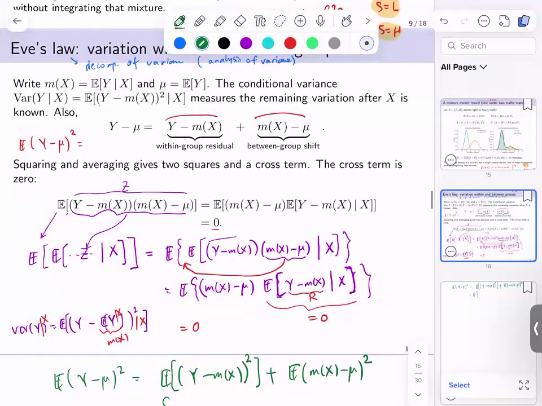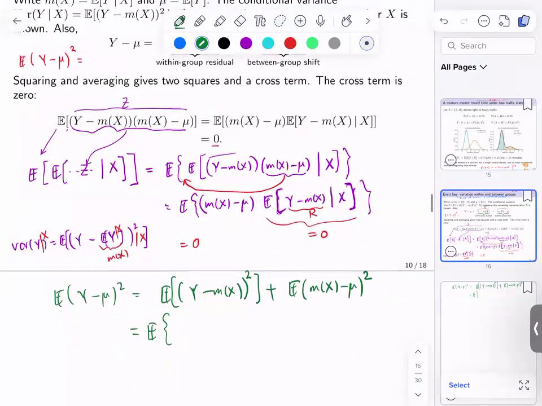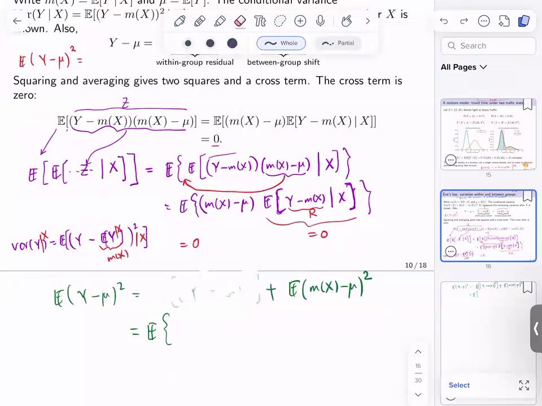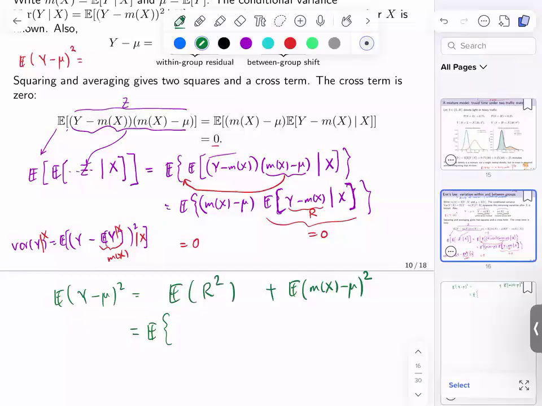In order to not write it, let's call this the residual. So what I'm going to get is the expectation of the residual squared. And I'm going to use the tower property again, or Adam's law: the expectation of r squared given x.